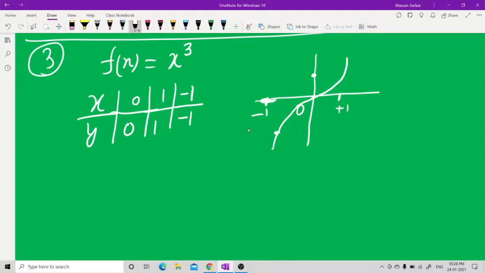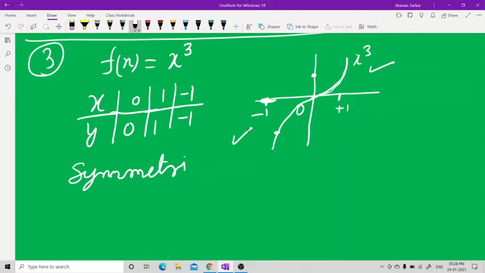This is the graph of x cube. It is symmetrical about the opposite quadrants. This and this are opposite quadrants. Whatever is on this side, the same is on this side.